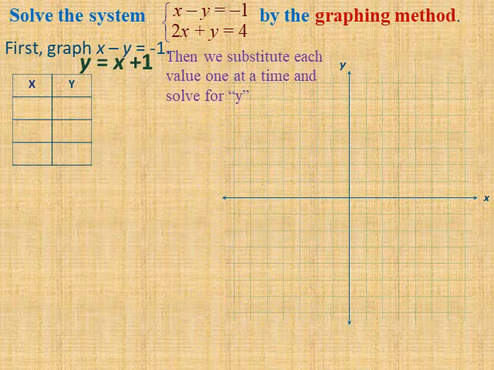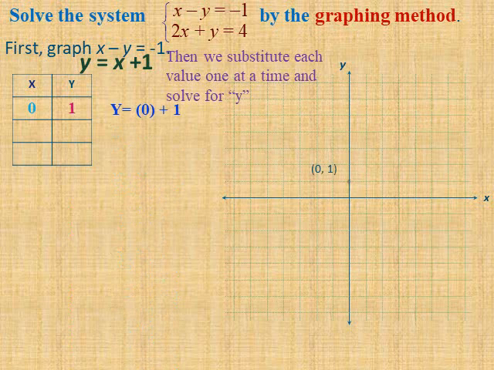Maybe x equals 0, then 0 plus 1 is 1. Maybe x equal 1, so 1 plus 1 equal 2. Maybe x equal 2, then 2 plus 1 equal 3, and the third point will be (2, 3).